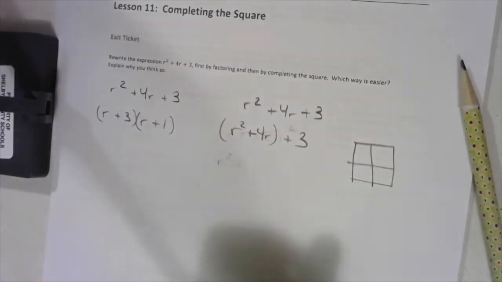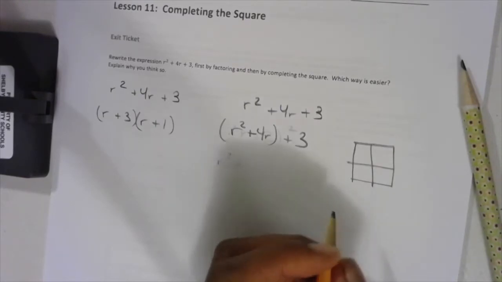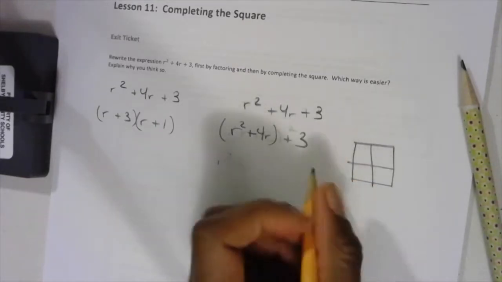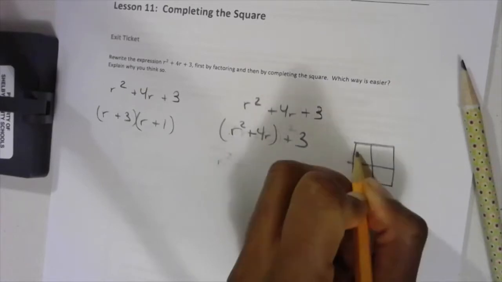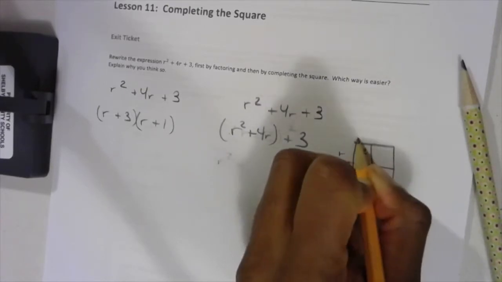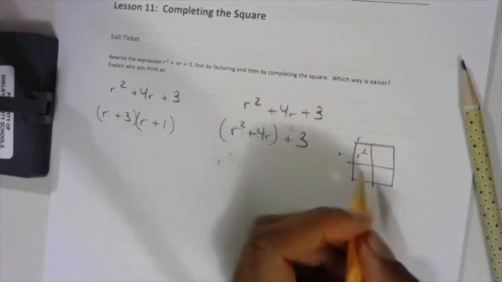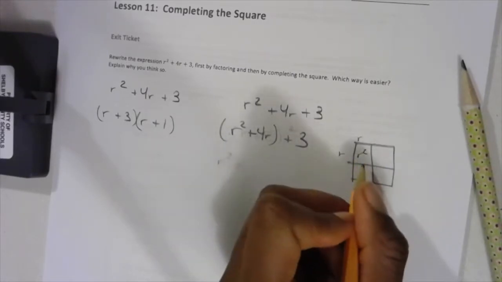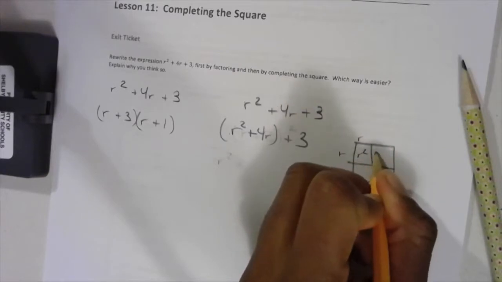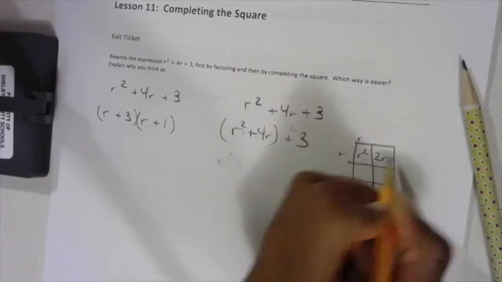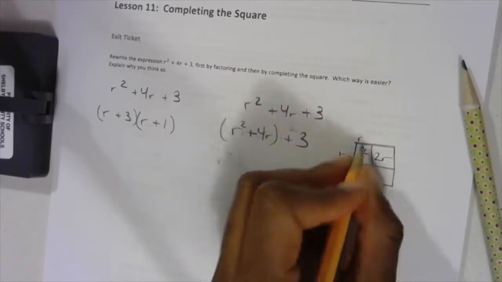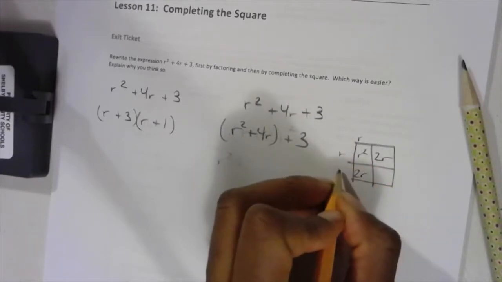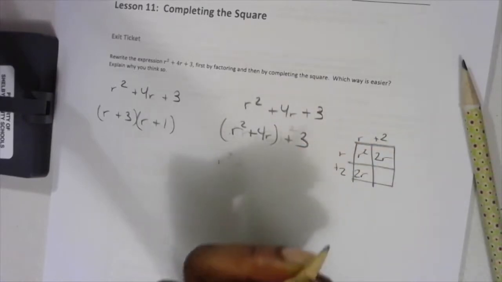So in the lesson, they actually use the area model of the tabular method. So we know that's R squared. And if we want to have the 2R, we know this has to be that way. So it has to be plus 2, plus 2.